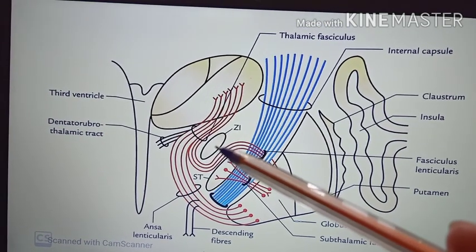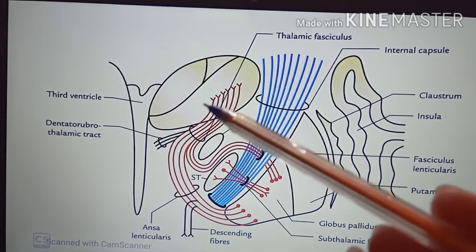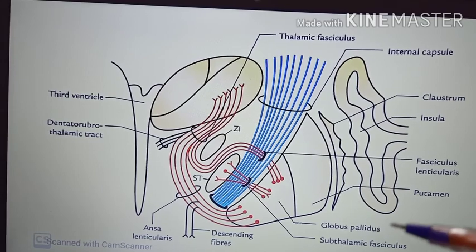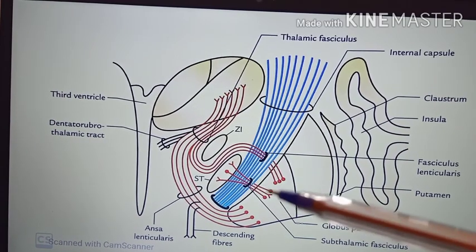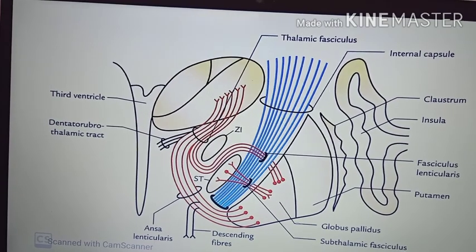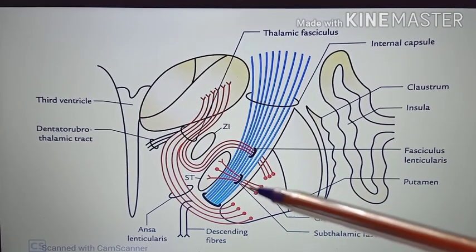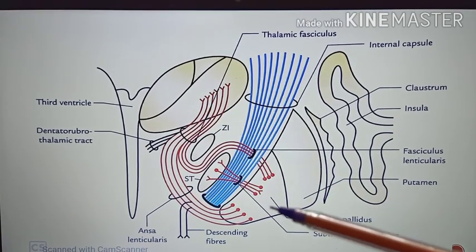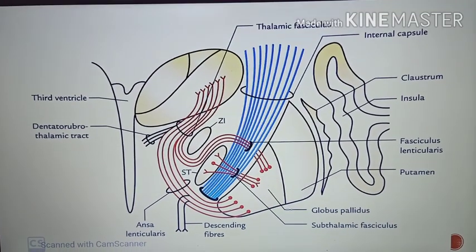The subthalamic nuclei as well as the globus pallidus are interconnected by the subthalamic fasciculus, which connects the globus pallidus to the subthalamic nuclei.